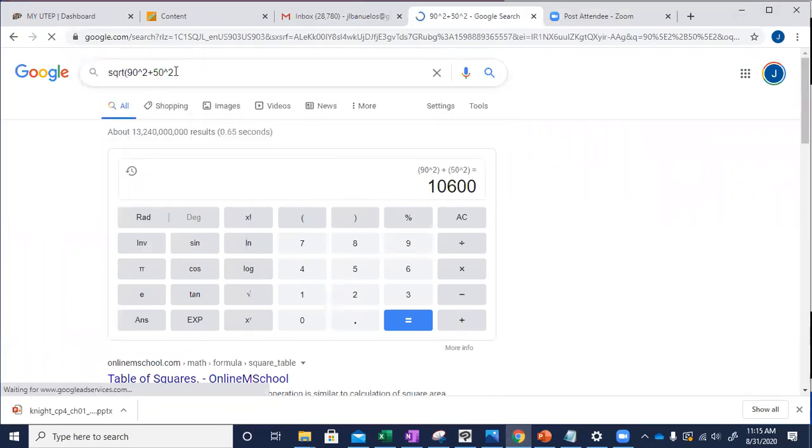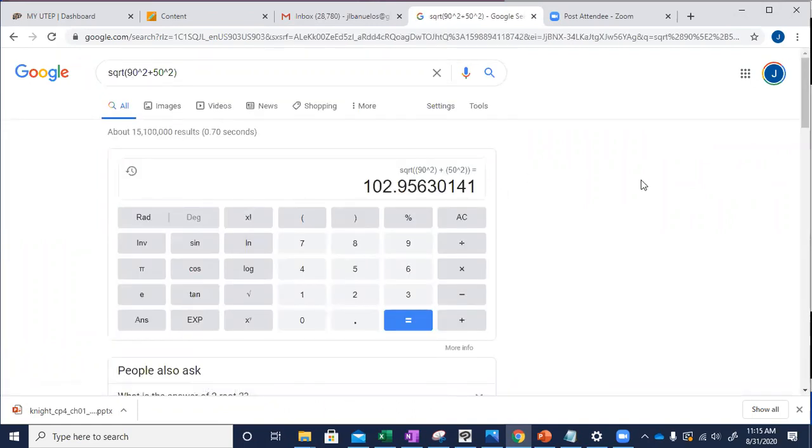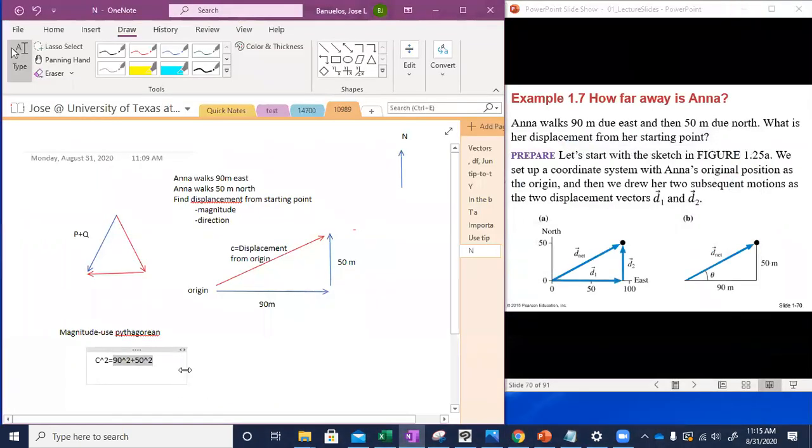The square root of 90 squared plus 50 squared gives us 102.96, so C is equal to 102.96, which you can say is about 103.